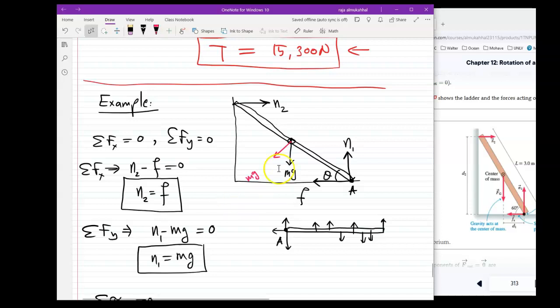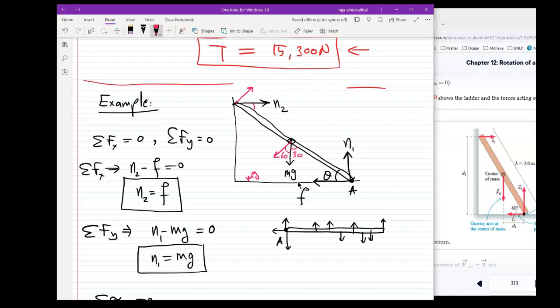If this is theta, which is 60 degrees, the theta here is 60 degrees, and I have this triangle right here, so this must be 30 degrees. And this makes it 60 then. Now come back here. The perpendicular component is going to be this way. See what I'm saying? Let me eliminate this thing.